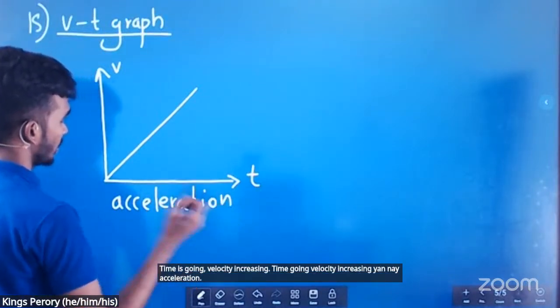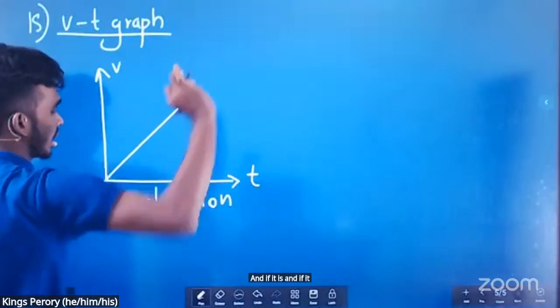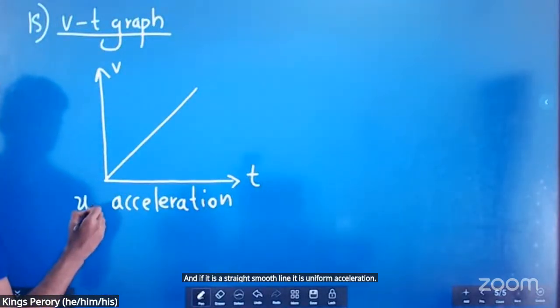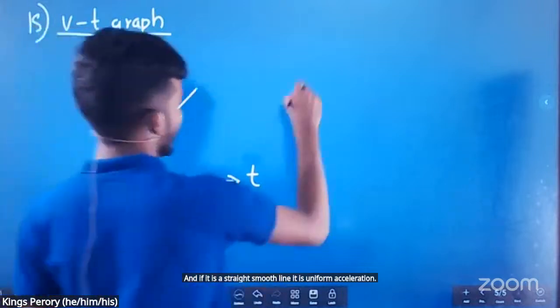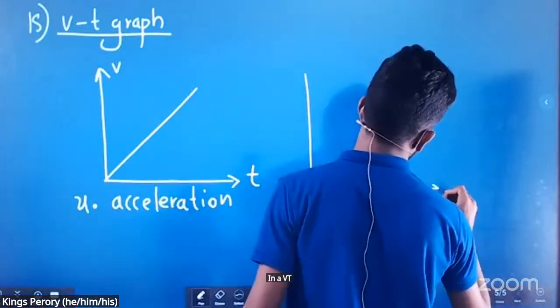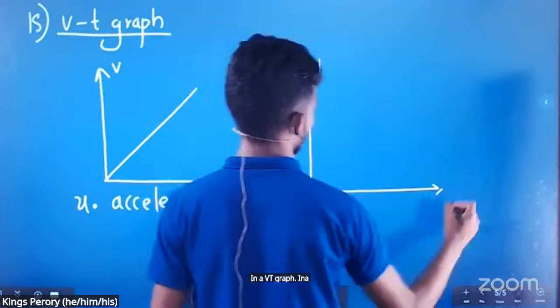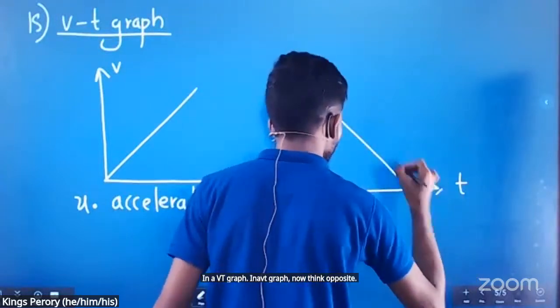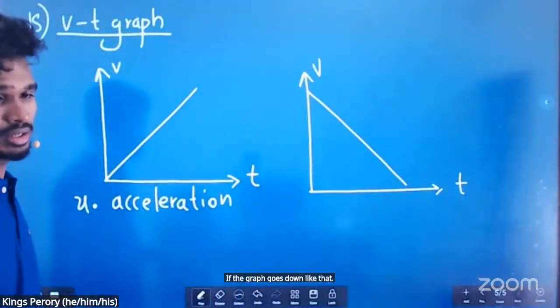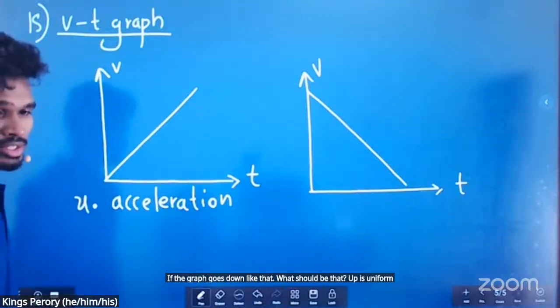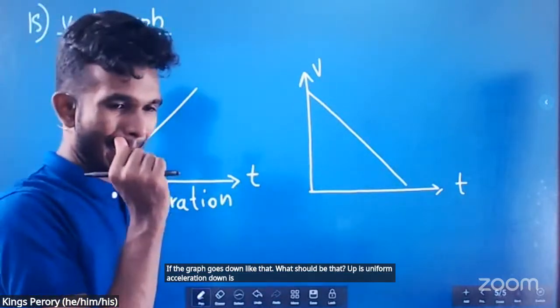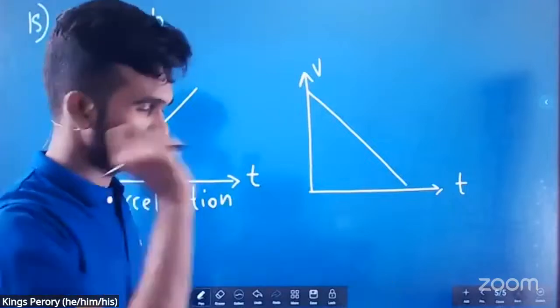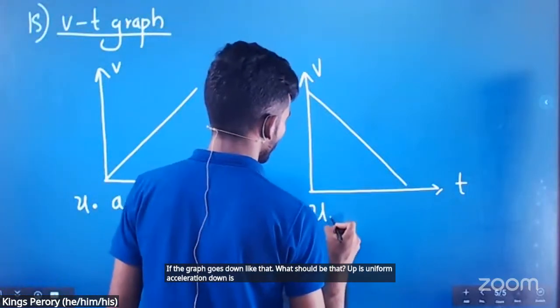If it is a straight smooth line, it is uniform acceleration. Now think opposite. If the graph goes down like that, up is uniform acceleration, and down is uniform deceleration.